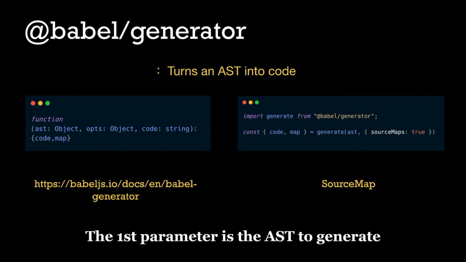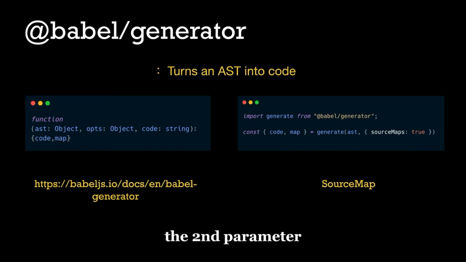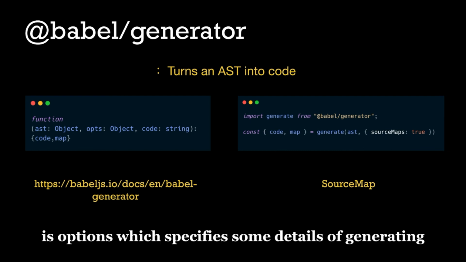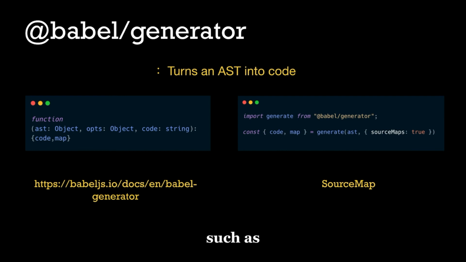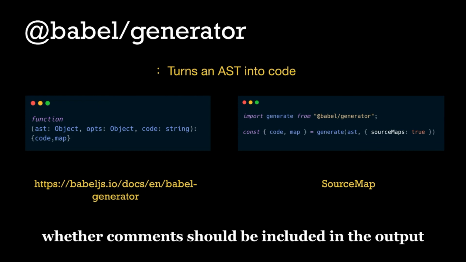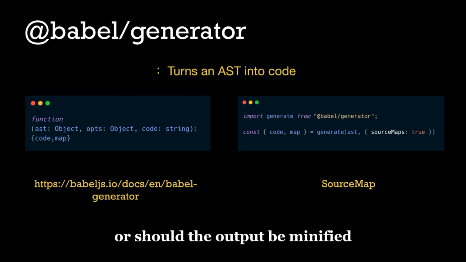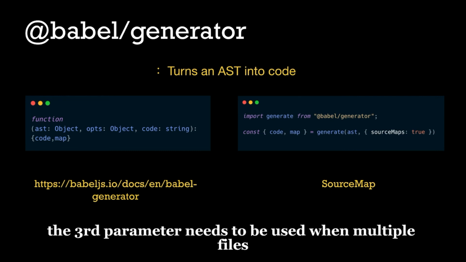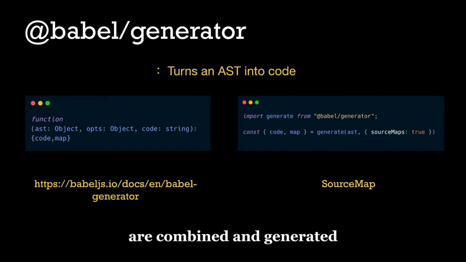So the first parameter is the AST to generate. The second parameter is options, which specifies some details of generating, such as whether comments should be included in the output or should the output be minified. The third parameter needs to be used when multiple files are combined and generated.